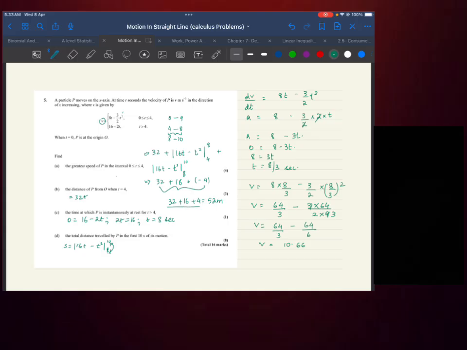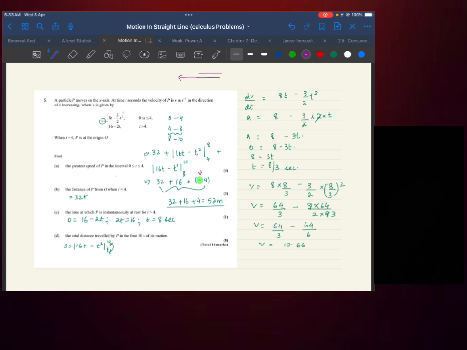We did not find out the total displacement in the previous question, but for this one we have to. Now the question is, what does this negative sign signify? This negative sign signifies that this has stopped in the opposite direction. If it started traveling in this direction, it has stopped somewhere in the opposite direction.